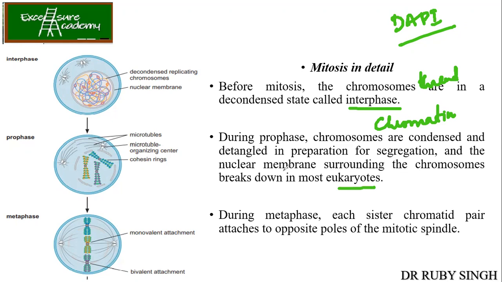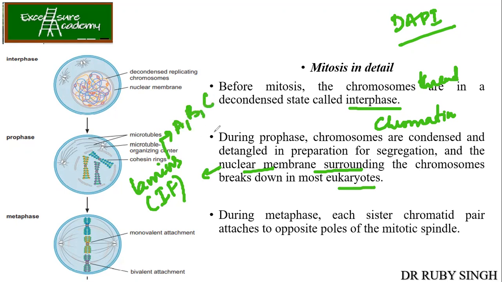Now when you talk about the nuclear membrane, how exactly is this happening? You need to remember that the nuclear membrane is made of proteins called lamins. Lamins are intermediate filaments. You have three types of lamins present. A and C form the protofilaments, and B1 and B2 hold the lamin A and C. So please go through and study.